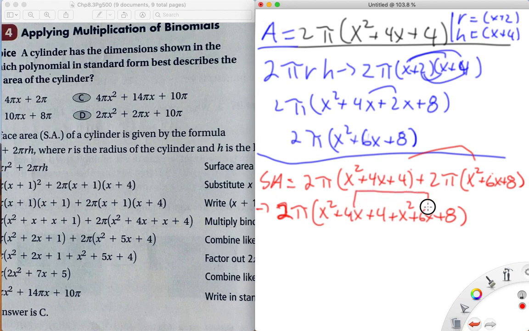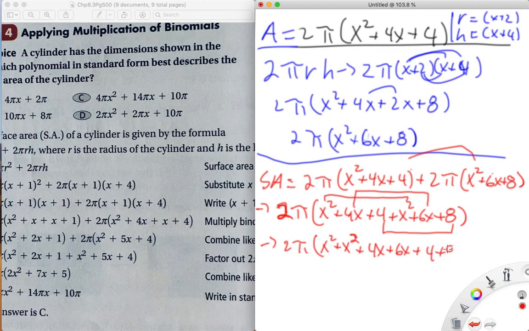4x plus 6x, I can combine those. I can do x squared and x squared, and I can do 4 and 8. I can add all of those together. So it would be 2 pi times x squared plus x squared, and I'm going to move them around using the commutative property, plus 4x plus 6x, and then plus 4 plus 8.